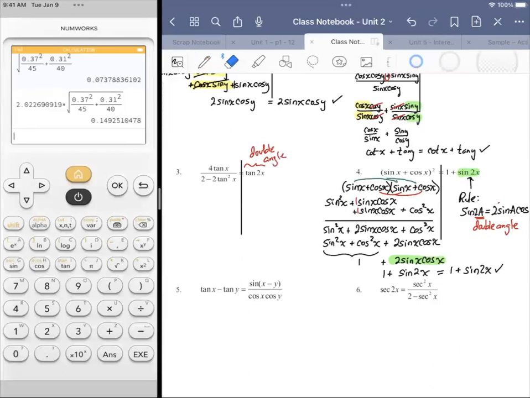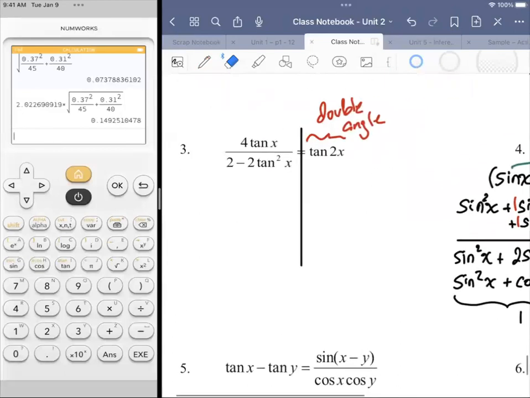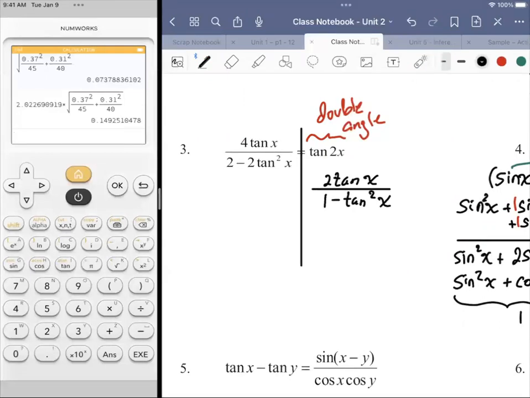All right. The double angle rule for tangent is, let me just throw it right in here, 2 tangent a over 1 minus tangent squared. All right, so that's me applying the rule.